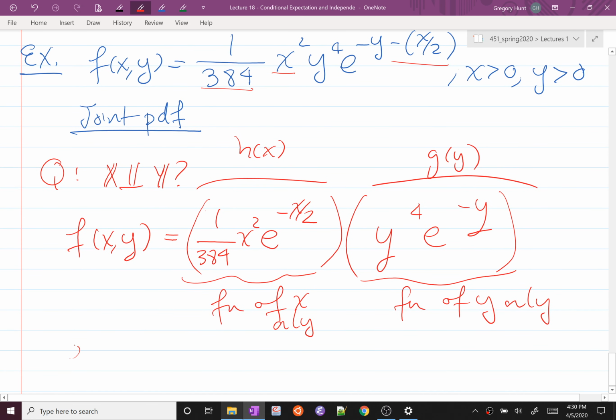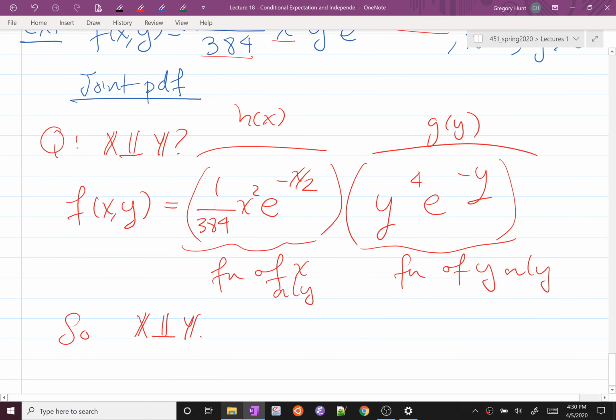More to the point, this h of x and g of y are, up to some scalar multiple, the marginals. We have to find the correct normalizing constant, but up to the scalar factor, those are the marginals. That's really nice because I don't actually have to do that integration to find out if they're independent, and that will save me a lot of time.